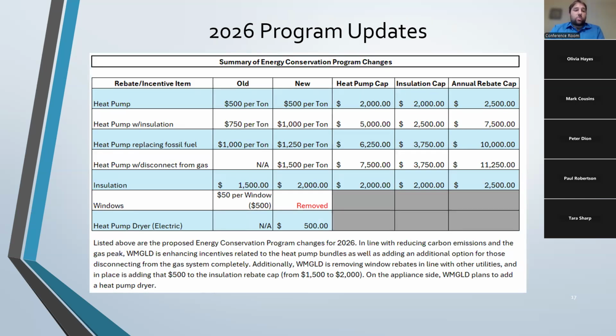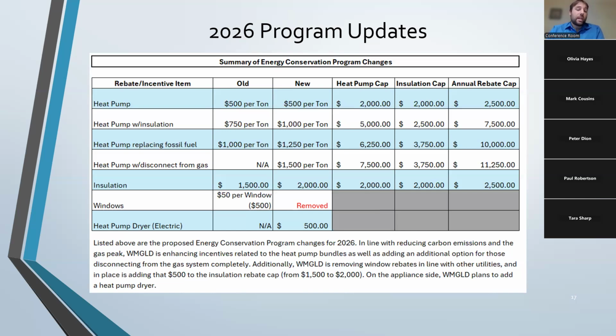Looking at the 2026 program updates, the regular heat pump rebate, just bare bones, nothing else, stays the same: 500 per ton up to 2,000. On the next line, if you put insulation in as well, and you have to do up to $1,000 worth of insulation work to qualify for this bundle, it gets increased from 750 up to 1,000 per ton, with a rebate cap for the heat pump side of 5,000 and an insulation cap of 2,500.